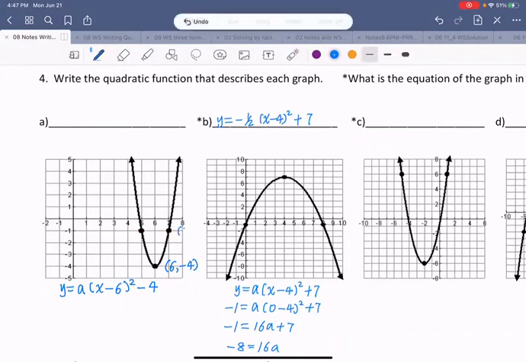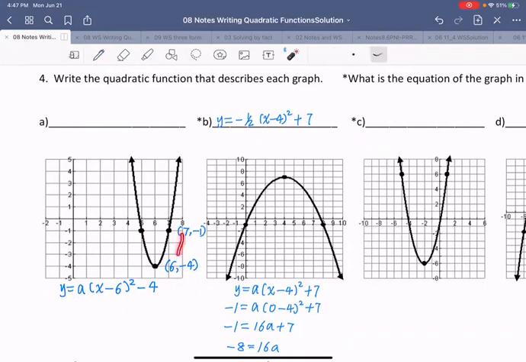We also have a point here and here. This point is 7, -1, correct? Yes. Now let's plug in x equals 7, y equals -1.